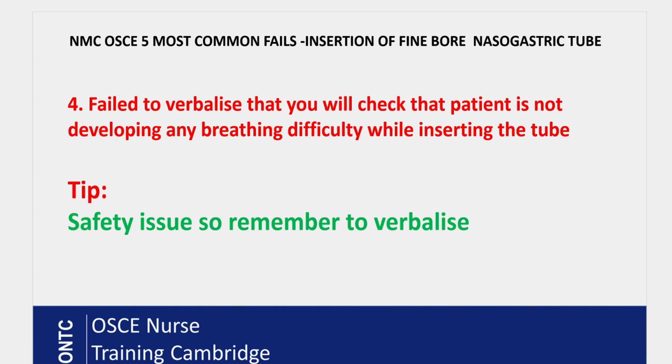You may be checking on the mannequin, but if you're not verbalizing it, the mannequin is not going to develop shortness of breath because it's not a real patient. That's why it's so important that you verbalize that you will continue to keep checking your patient as you're inserting the nasogastric tube to make sure your patient does not develop any shortness of breath or any breathing difficulties.